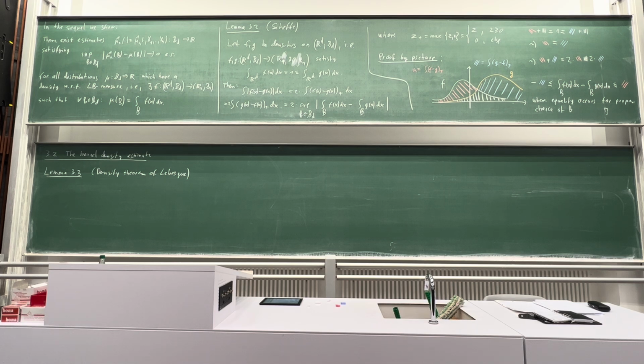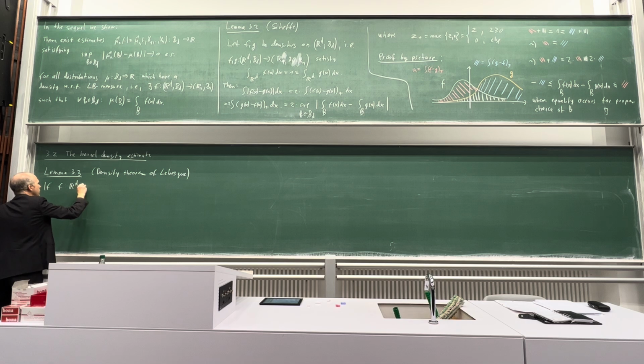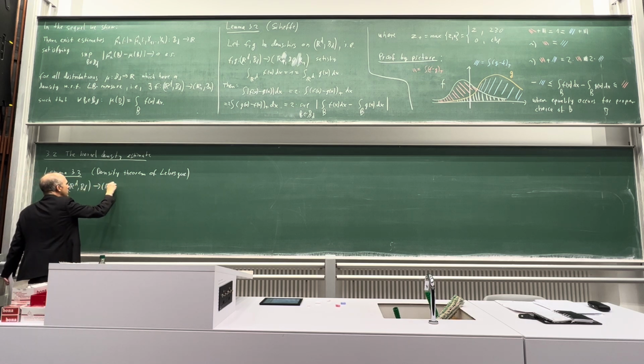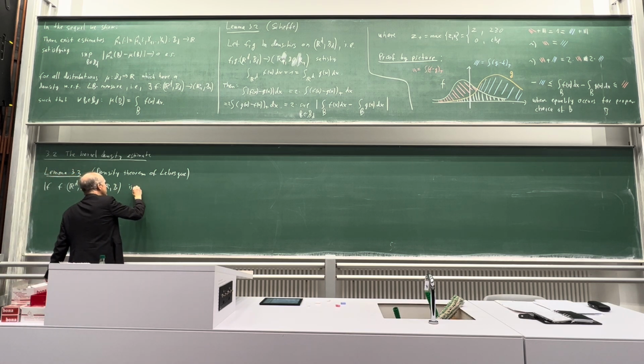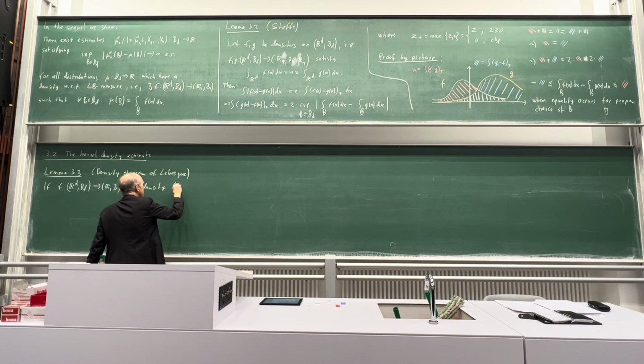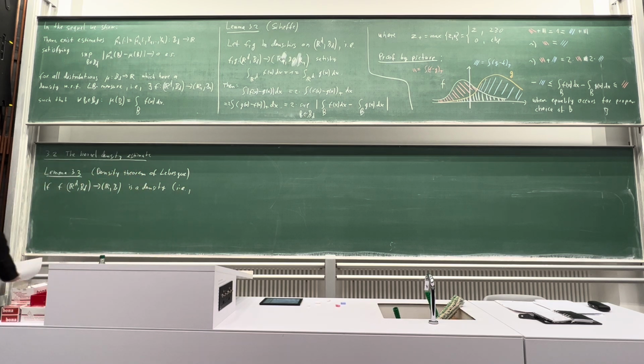So if you have a density f on R^d, it means that the values are greater or equal to 0 and that the integral over the density is 1.